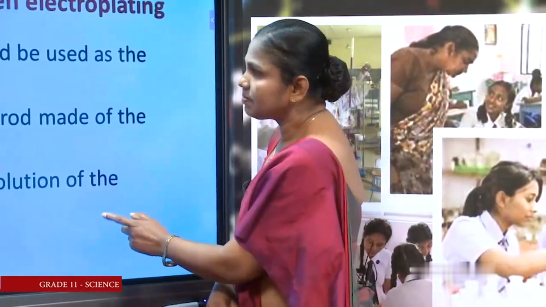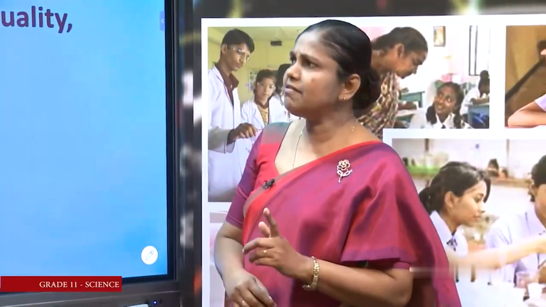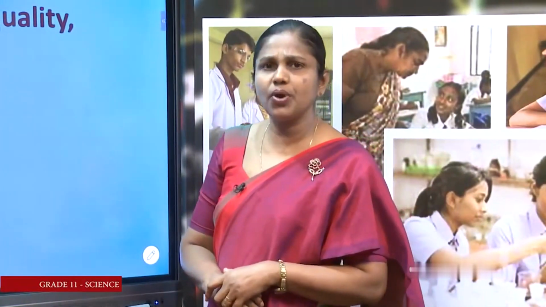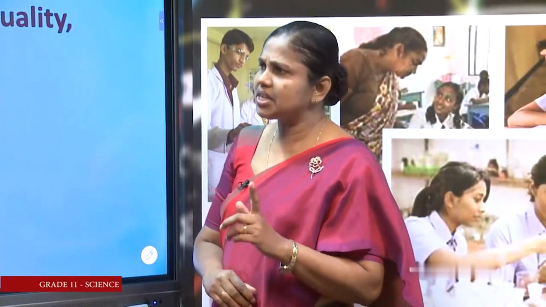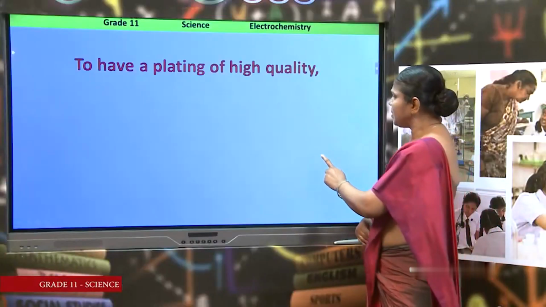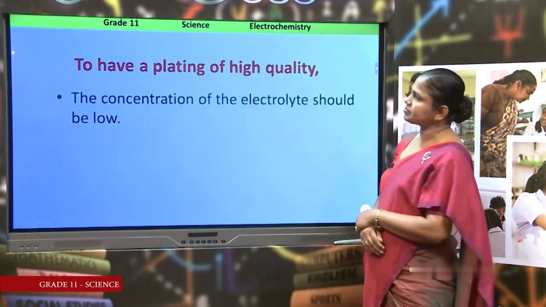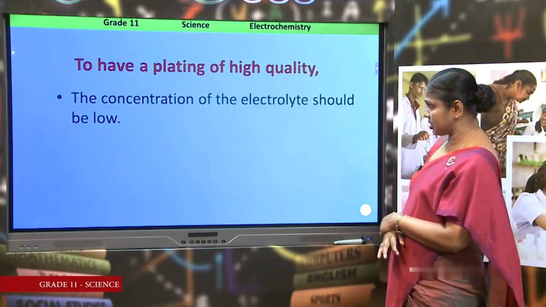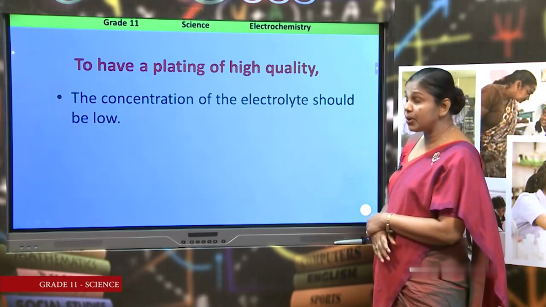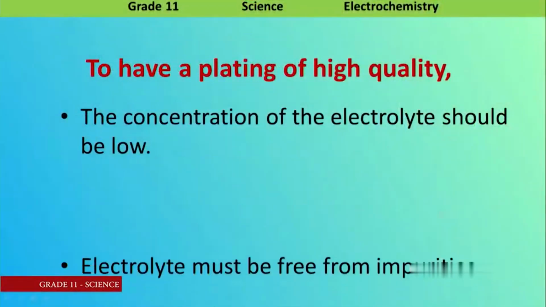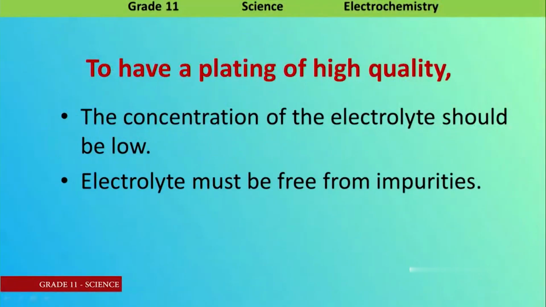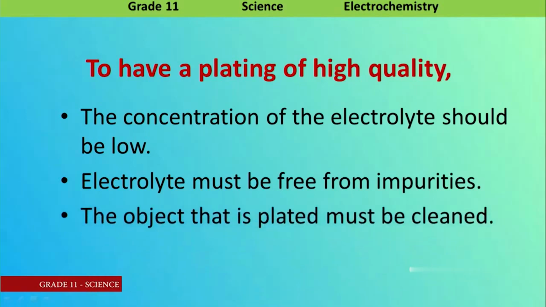Okay, then to have a plating of high quality, what steps should be followed, children? The concentration of the electrolyte should be low. The electrolyte must be free from impurities. The object that is plated must be clean, right?